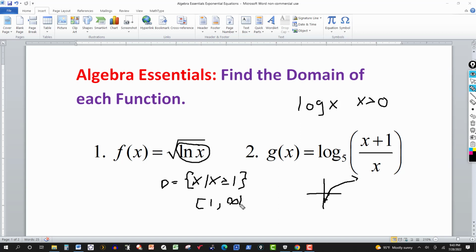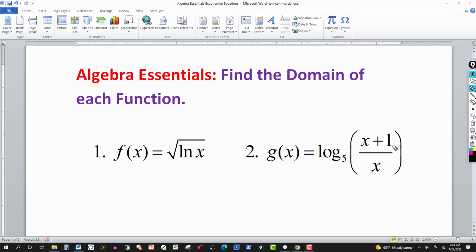And we have this. So that would be two ways to write the domain of the first one. Again, if it doesn't have the square root, it's just the set of all x such that x is greater than 0.